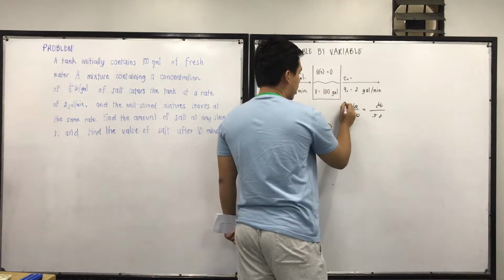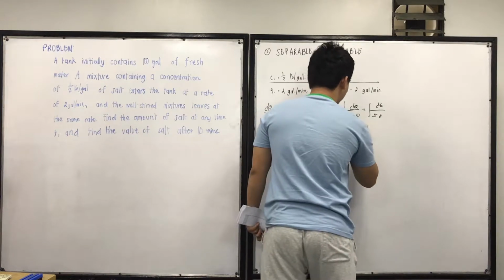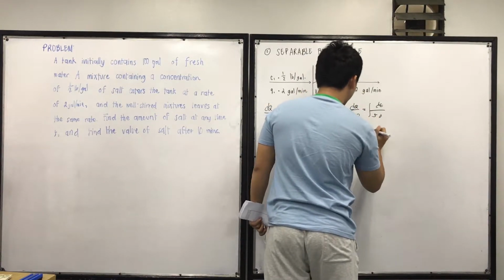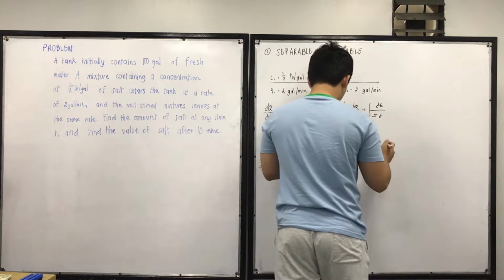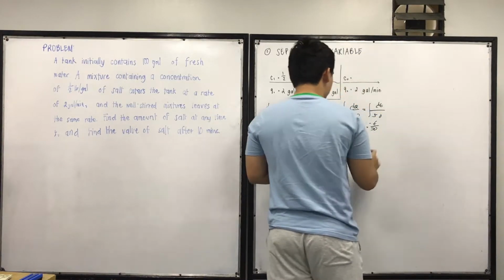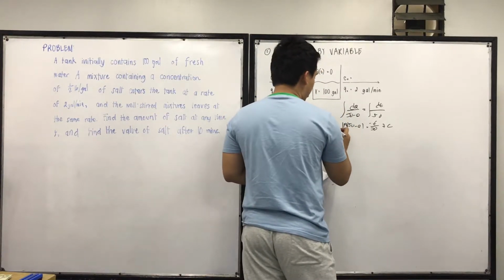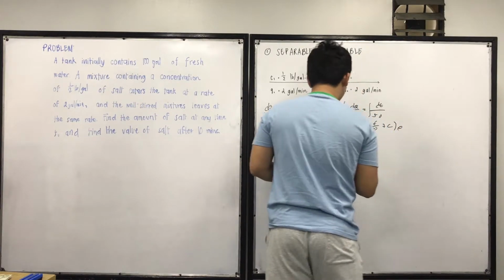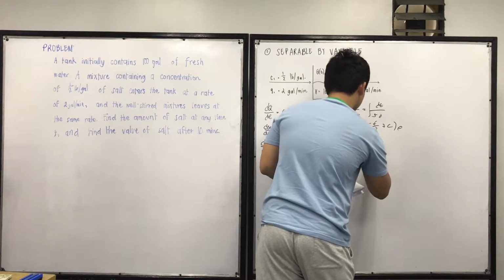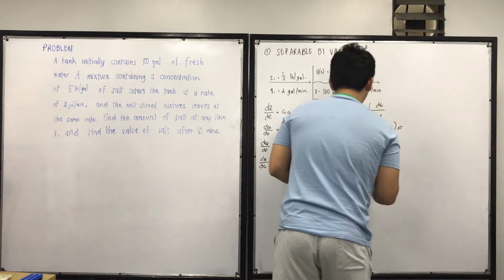After that you can integrate both sides, you get ln of 50 minus Q, where u is 50 minus Q, equals t over 50 plus C. To get Q, you can exponentiate both sides, so you can cancel ln.